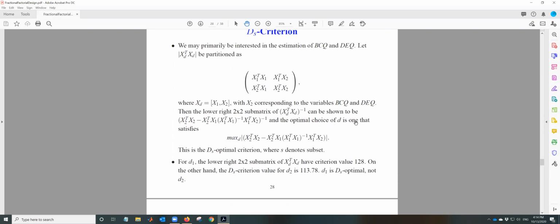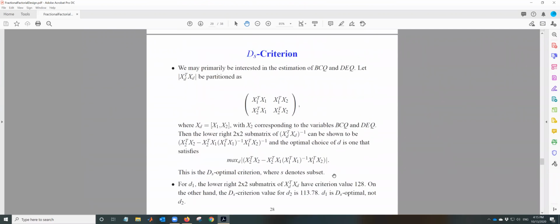Then the optimal choice of D is one that satisfies this criterion. This is called the submatrix optimal criterion. S denotes the subset. If we use this DS criterion, then the lower right will have the value 1 to 8. On the other hand, the DS criterion for D2 is 113. So D1 is much better than D2, so we use D1.